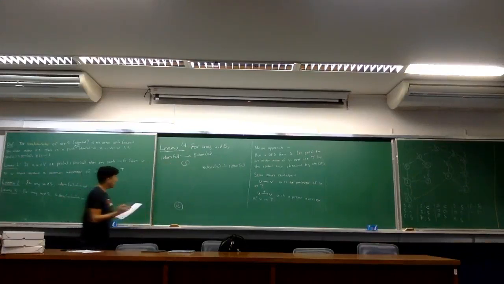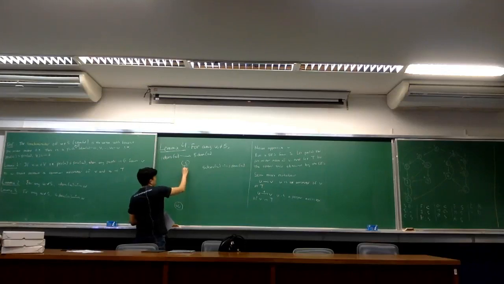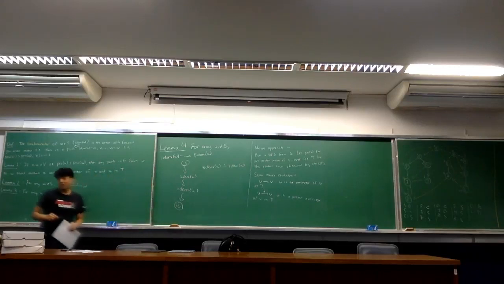So we first reach the semi-dominator, then we reach the immediate dominator, and we finally reach W. Now why can this not happen?